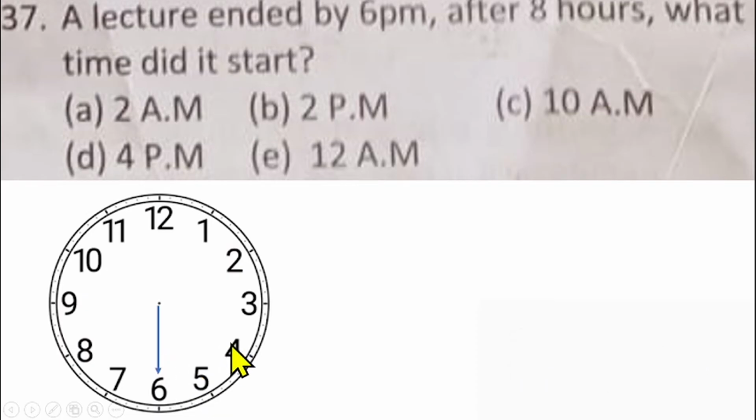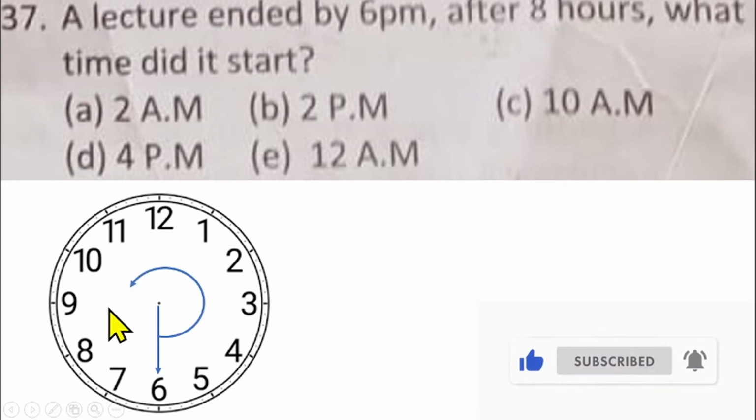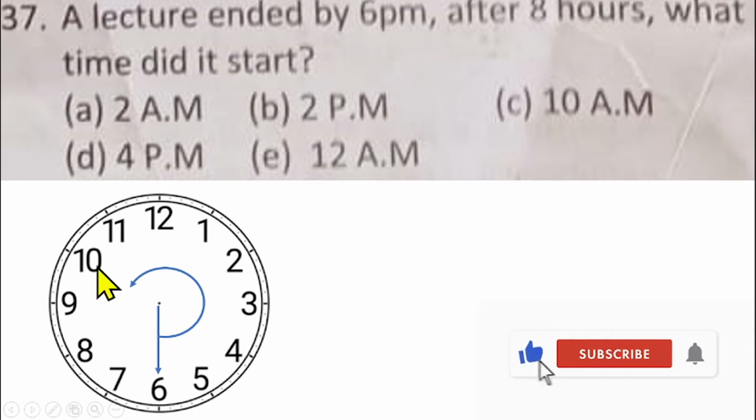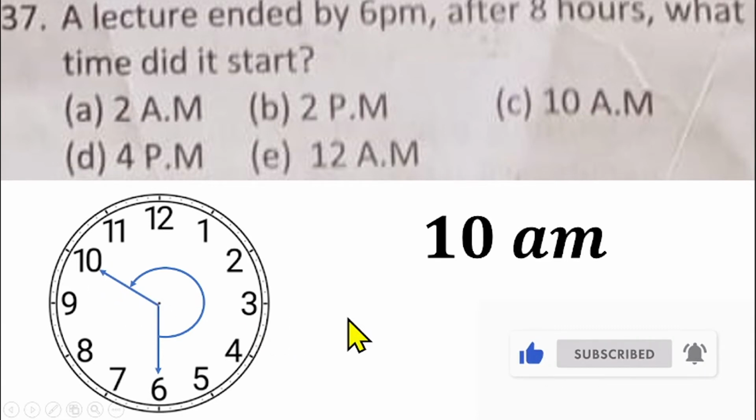We have 1, 2, 3, 4, 5, 6, 7, 8. That should be 10 a.m., which is option C for this question.